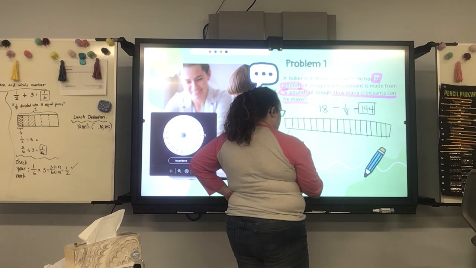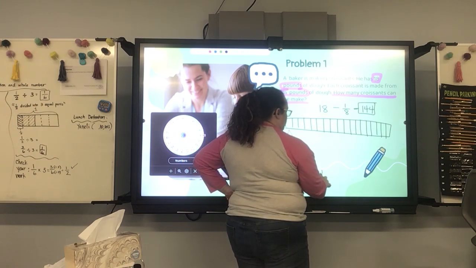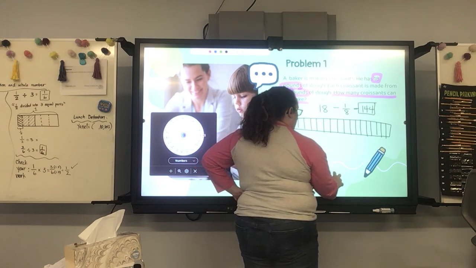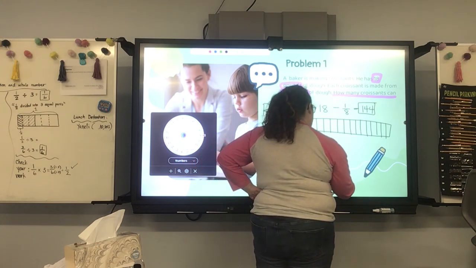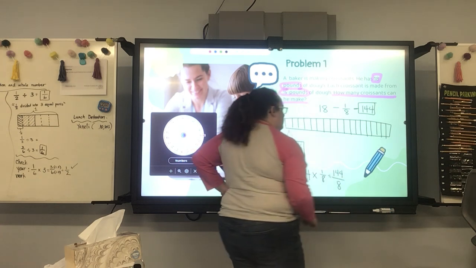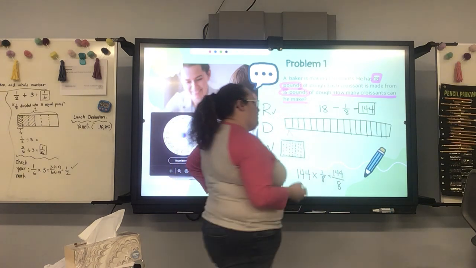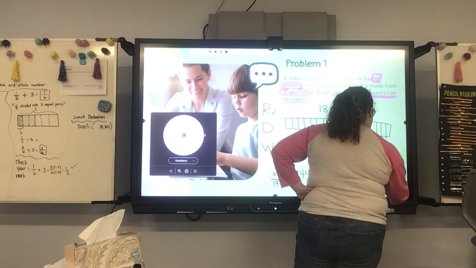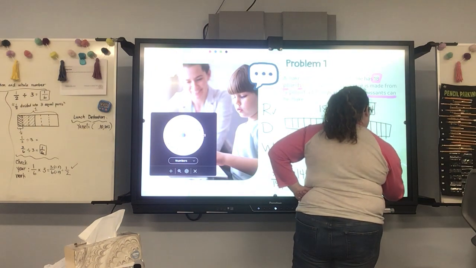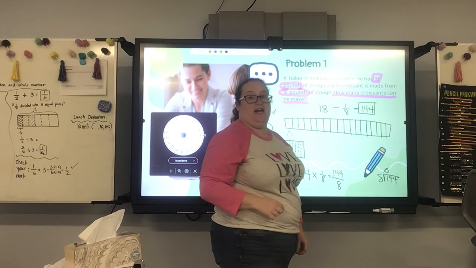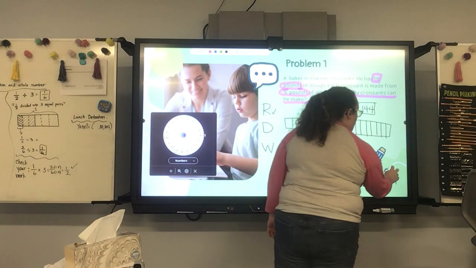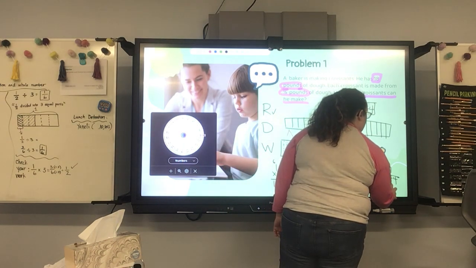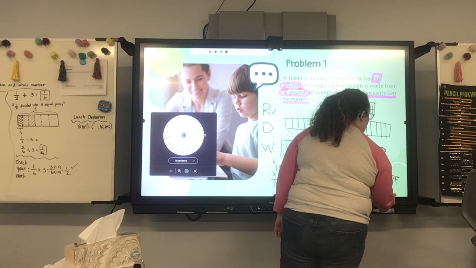Now I would check my work with multiplication. So my answer was 144. I do 144 times 1/8, which would be 144 over 8, but that is an improper fraction. So I would divide. How many times can 8 go into 1? 0. How many times can 8 go into 14? 1. 1 times 8 is 8. 14 minus 8 is 6.